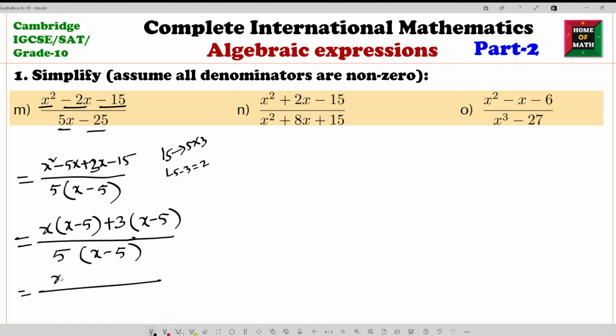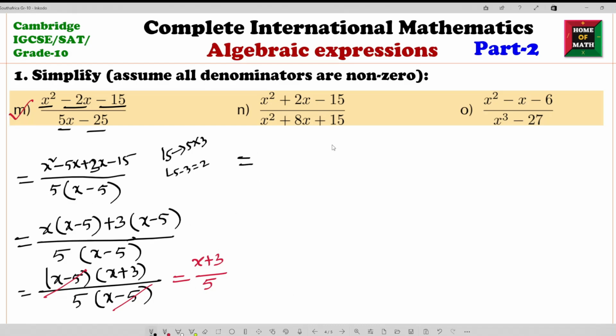Now we take common x minus 5, and here x plus 3 divided by 5 times x minus 5. So x minus 5 out. Our answer is x plus 3 divided by 5. Okay, number M done.